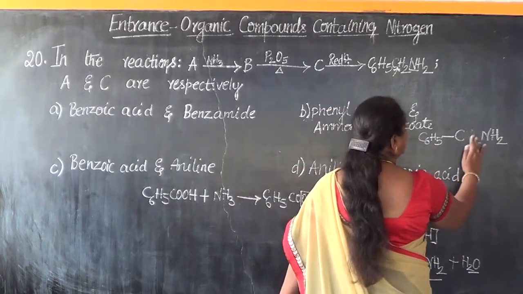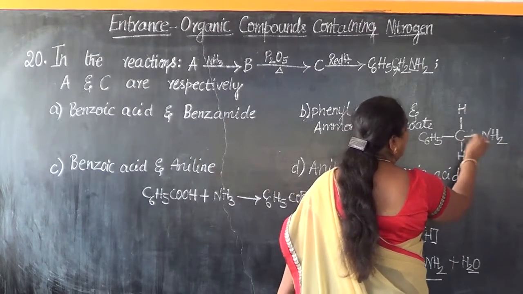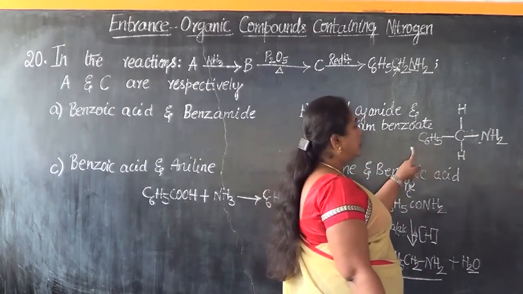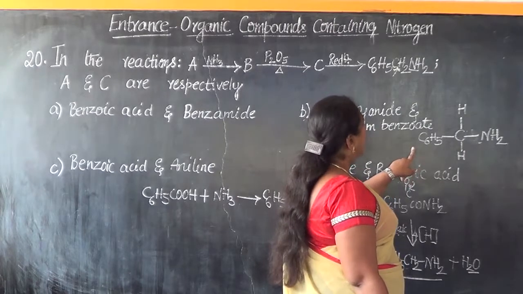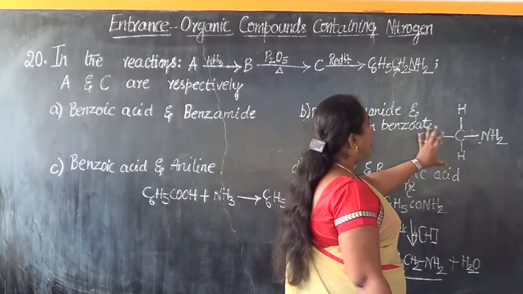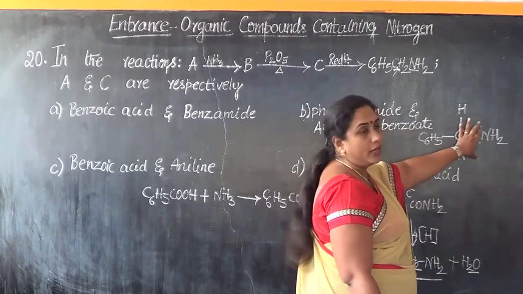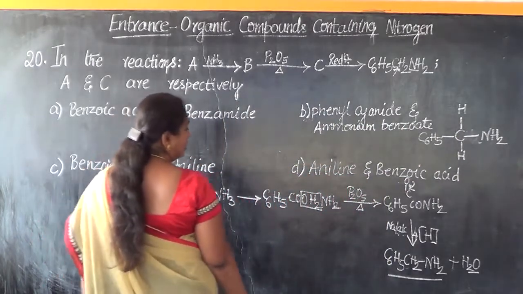Let me write the complete structure of carbon there. 1 hydrogen here, 1 hydrogen there, and to the other side it is linked with nitrogen, and on one more side it is linked with the benzene ring, that is C6H5. Therefore, we can call this the side chain. So you can call this phenyl methenamine as our compound.